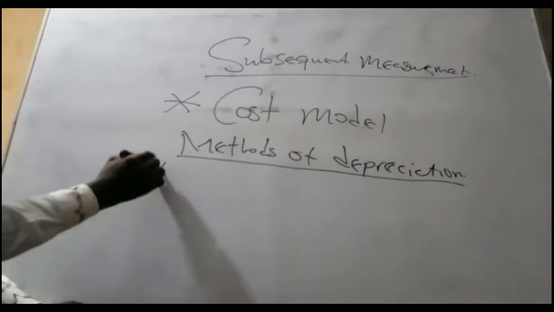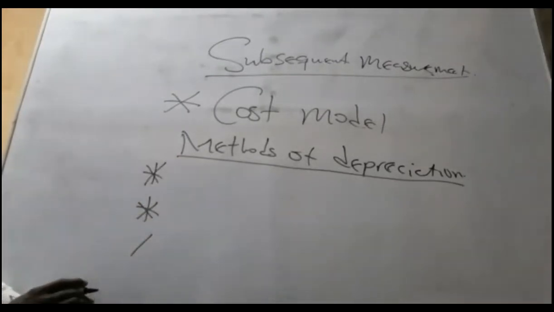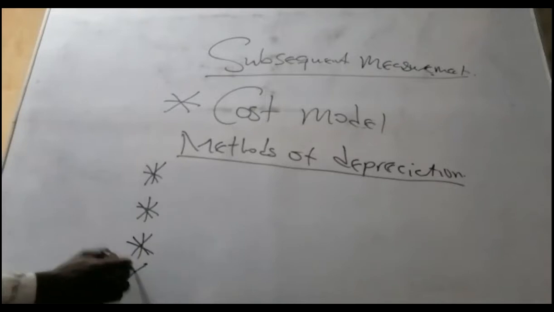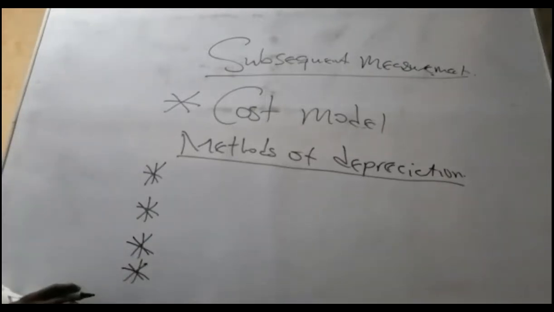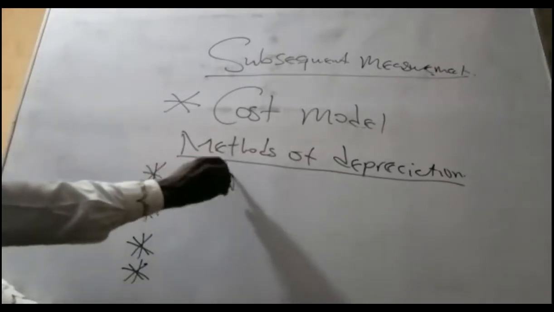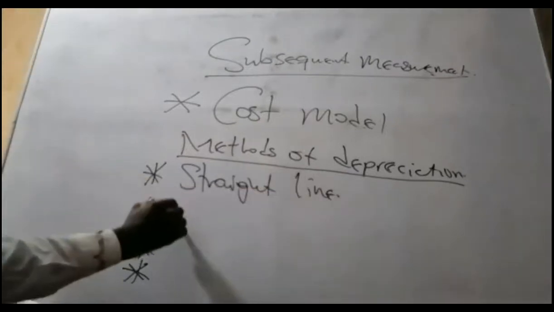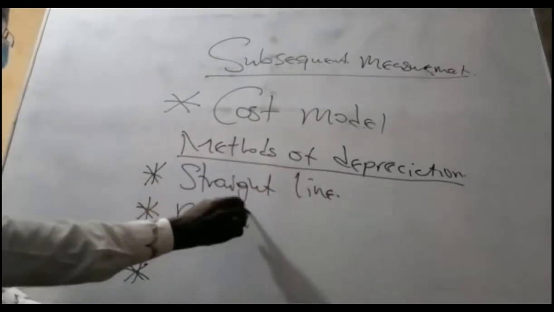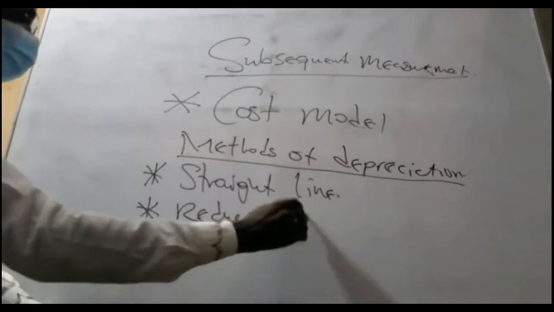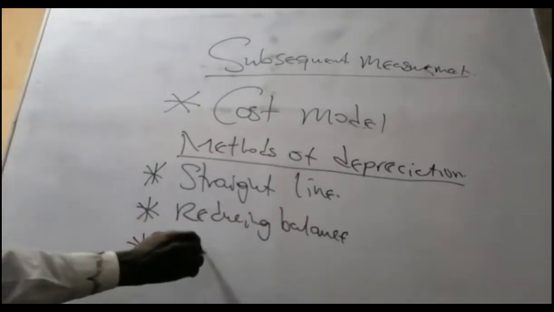In each of the methods, you should know how to calculate depreciation. So method 1, straight line. The line is straight. So the straight line method and the reducing balance method. And then we have the sum of years digits.